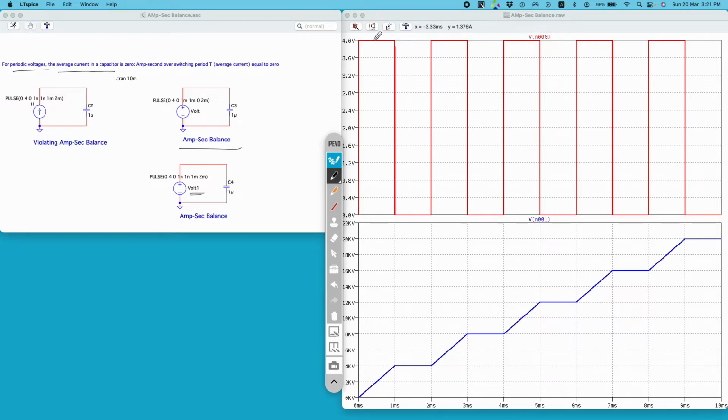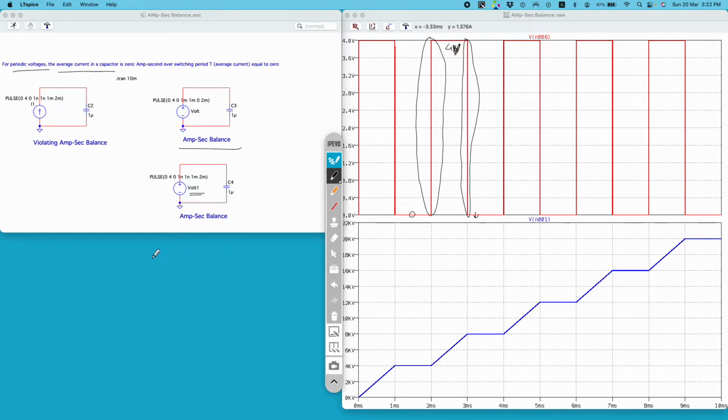You can see this voltage is changing from 0 volt to 4 volt almost instantaneously, and similarly it is changing from 4 volt to 0 volt again in a very short time span, almost instantaneously.